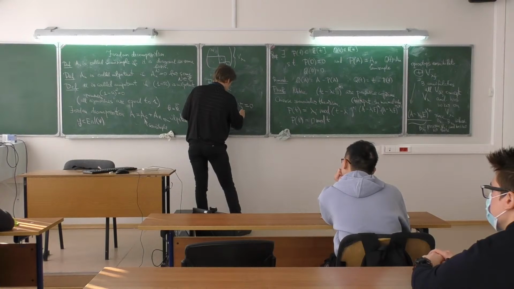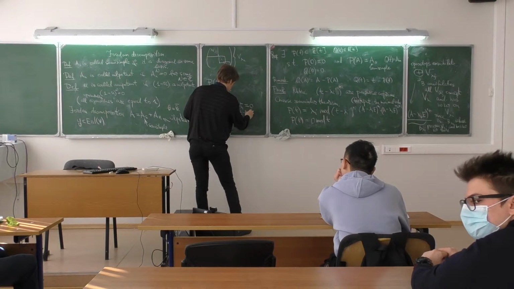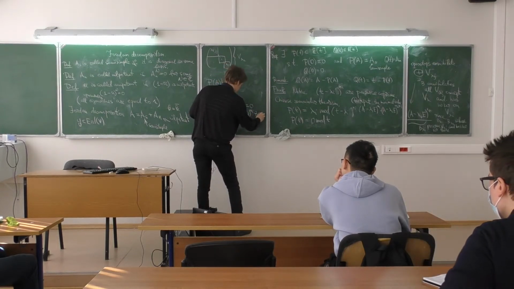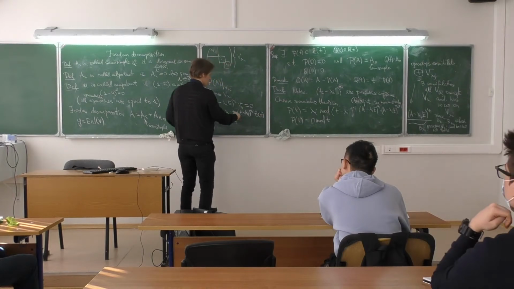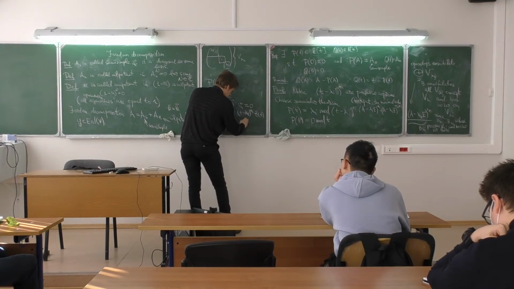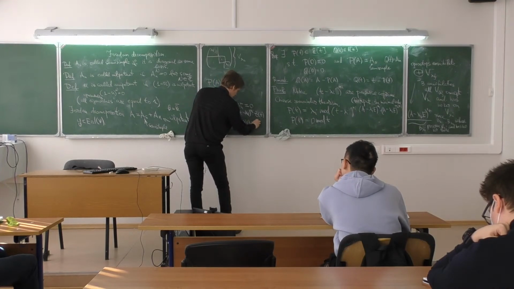It is t minus lambda I to the power m_i times some polynomial z of t. And if you apply it to v, then this is z of A minus lambda I to the power m_i applied to v, so this is 0.